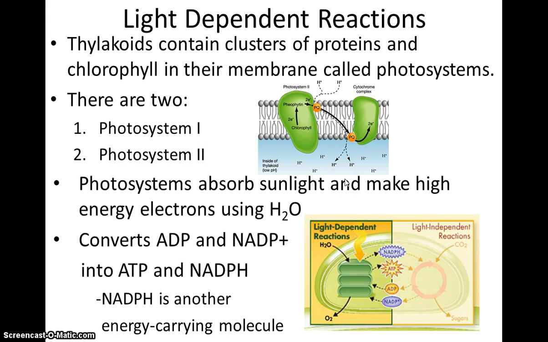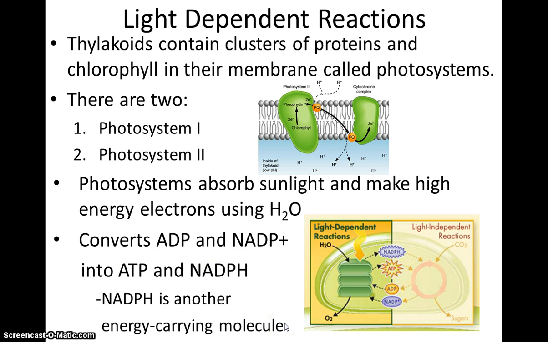Both of these photosystems are going to absorb sunlight, so just light energy, and they will use this to make high energy electrons using water. So again, water goes in, the electrons are going to get excited using the water, and then this will go further, and that will help us make ATP and NADPH.